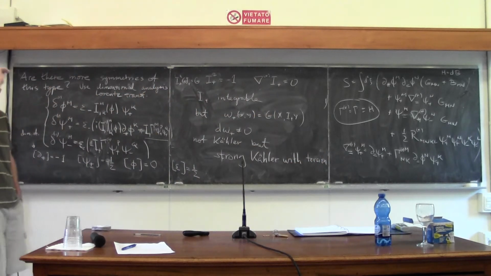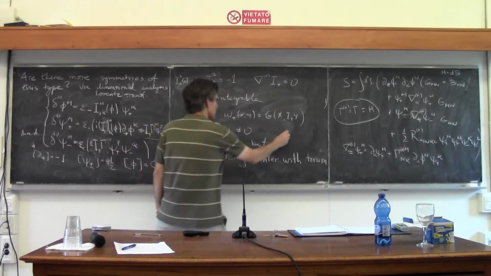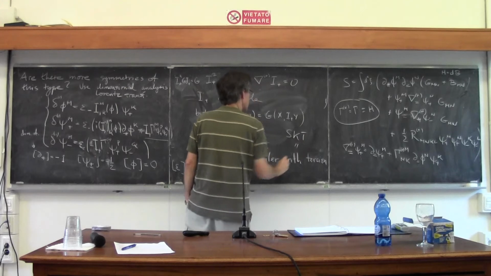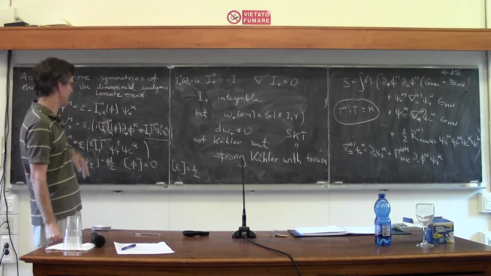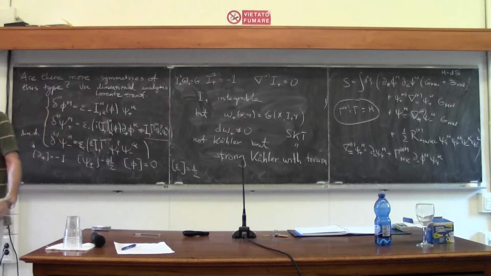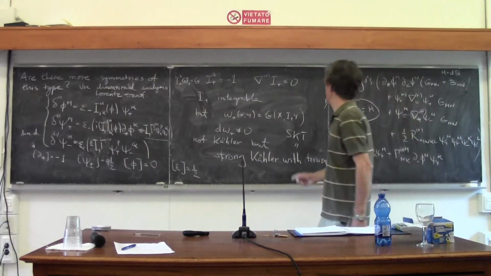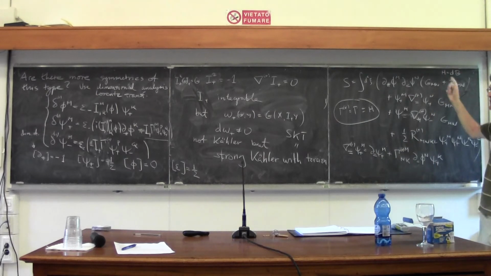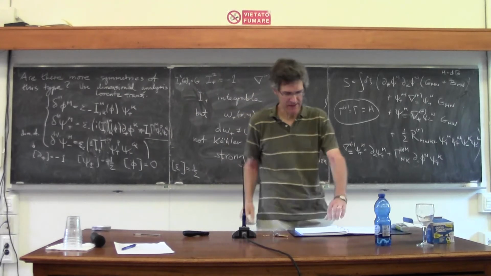So the requirement now on M for this to be true is that the manifold M is a so-called strong Kähler manifold with torsion, or SKT. Strong is the fact that H is closed. Kähler with torsion will be H non-closed. So in the presence of H, the target manifold is no longer Kähler but SKT.